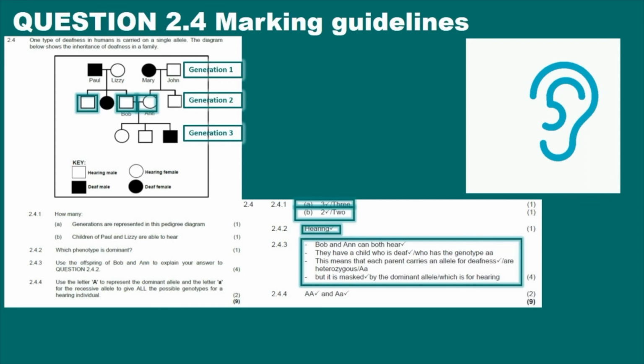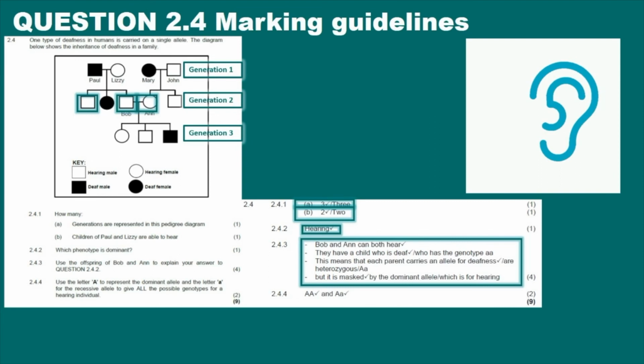So that means there was a lowercase a allele from Bob, and also a lowercase a, or a recessive allele for deafness, transferred from Anne to their son, who is part of the 3rd generation.